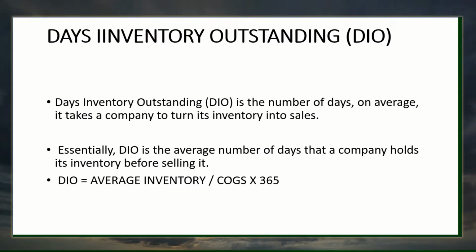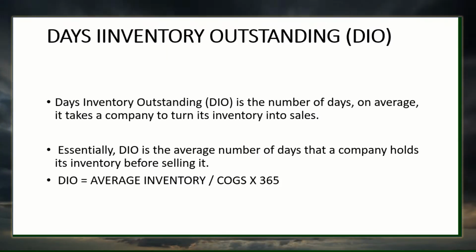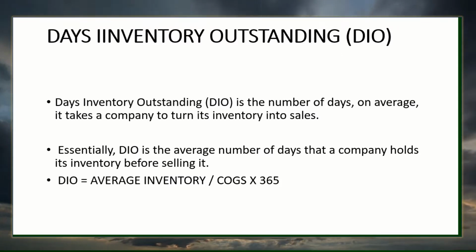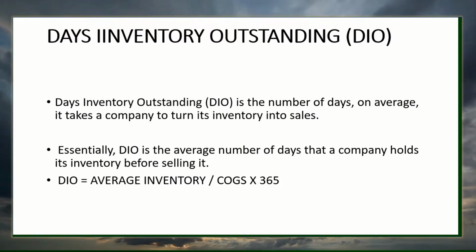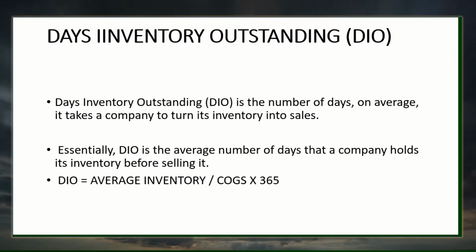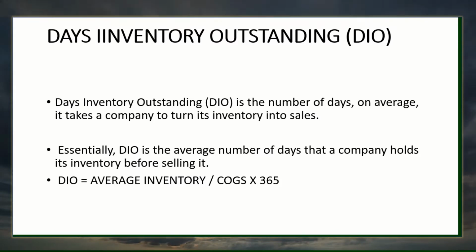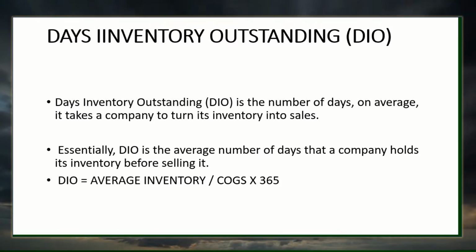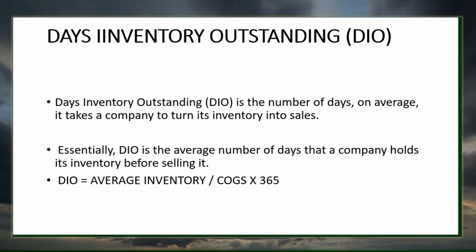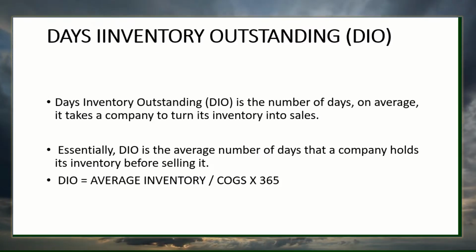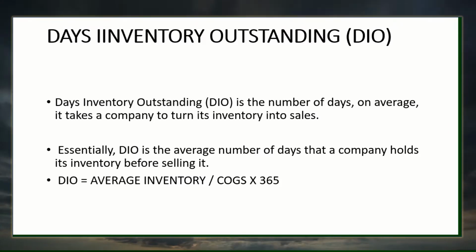So in how many days on average a company sells out its inventory, or for how many days the inventory stays in stores before it goes out for sale. All right, so its formula is simply dividing the average inventory by COGS and multiplying by 365.